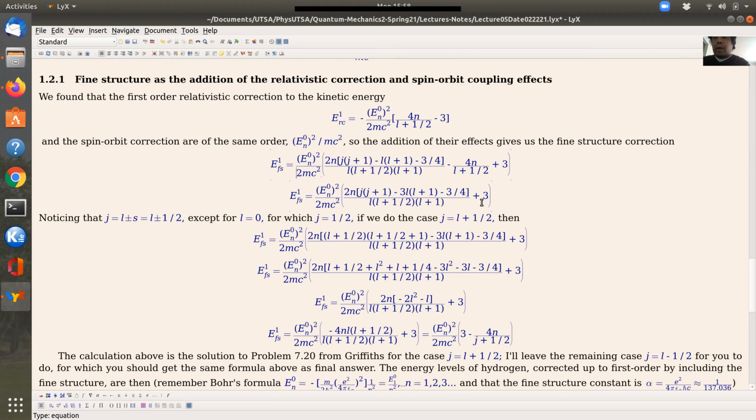So, one thing to notice is that this term particularly, in the numerator you have L and L plus 1, and in the denominator you have L, L plus 1, and L plus 1/2, multiplied by n. And this one is kind of the same fashion, right?